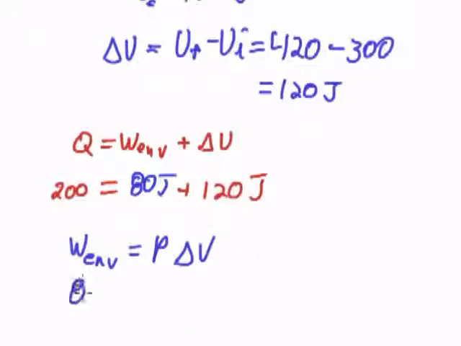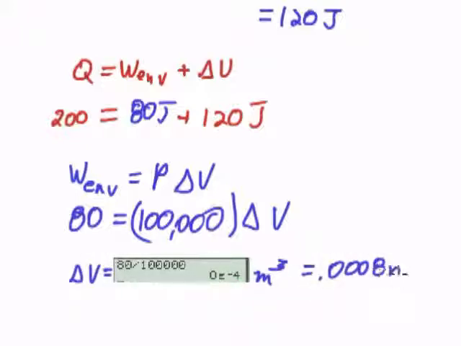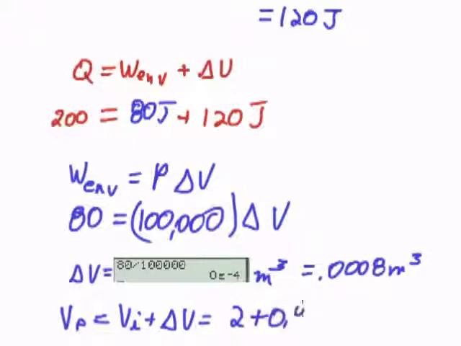So it's 80 equals 100,000 times our delta V, which comes out to 8 times 10 to the negative 4th meters cubed, or 0.0008 meters cubed. Our final volume is going to be equal to our initial volume plus our change in volume, which is 2 liters plus 0.8 liters, or 2.8 liters.